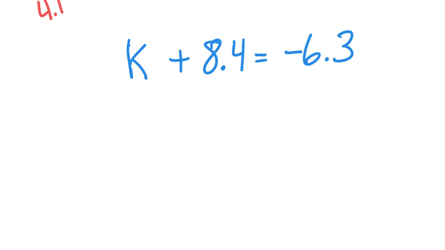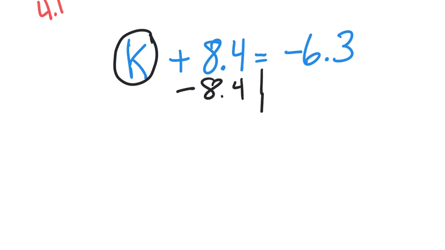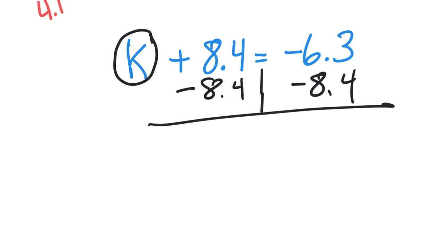Another one, K plus 8.4 equals negative 6.3. So I circle my variable. I know what's happening to it. It's being added by 8.4, so I have to subtract 8.4. And I have to do that on both sides of the equal sign, minus 8.4. And when I do that, I get K. Those two cancel each other out.